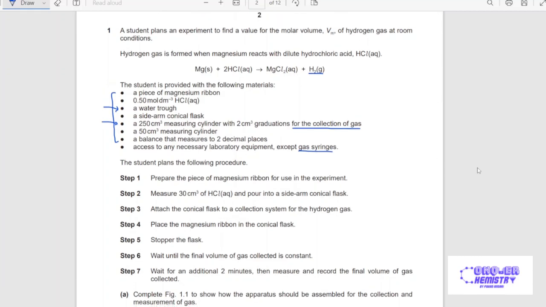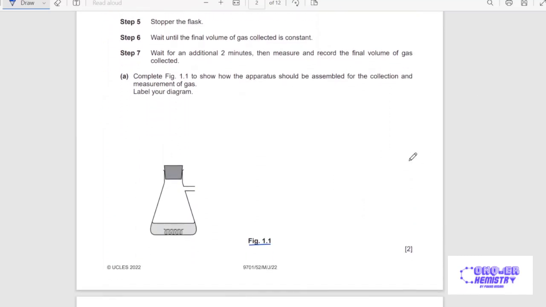So let's draw the apparatus that is necessary for this. First of all, we draw a nice little water trough, and we're going to draw an inverted measuring cylinder. So the mouth is near the bottom, and this is going to be immersed in a level of water that is already present.